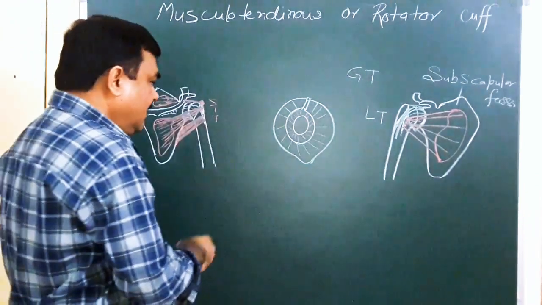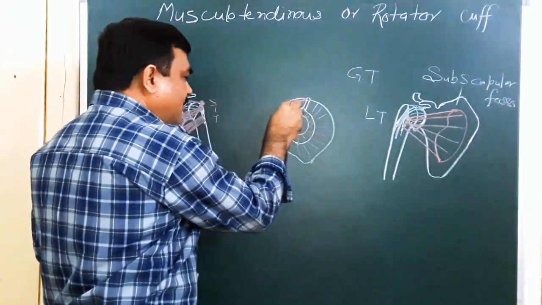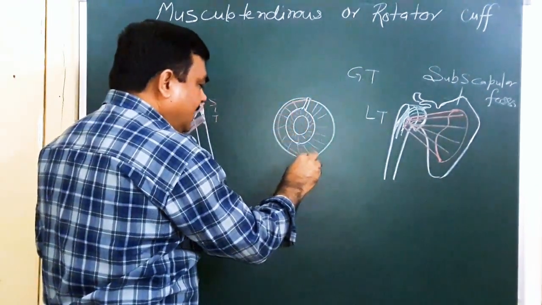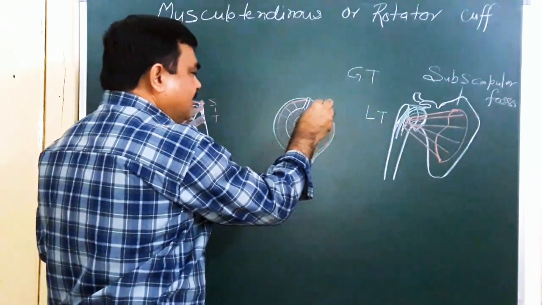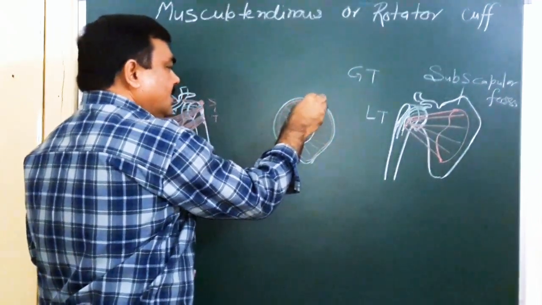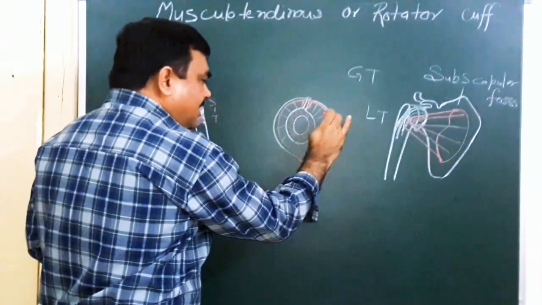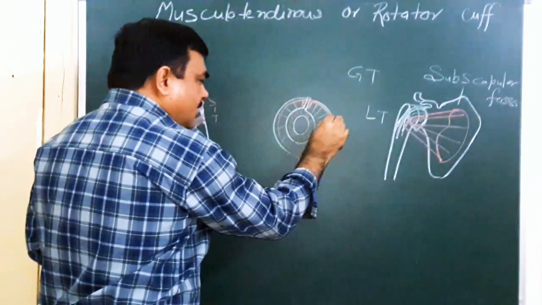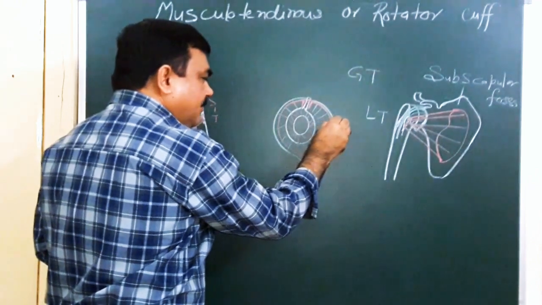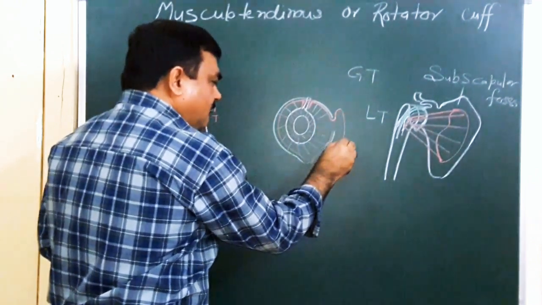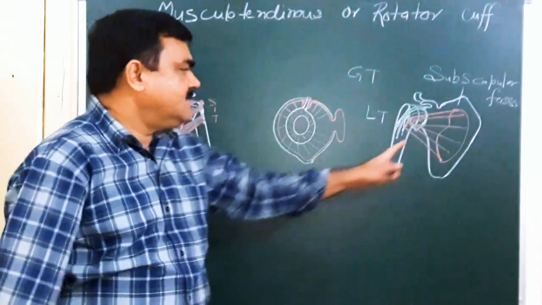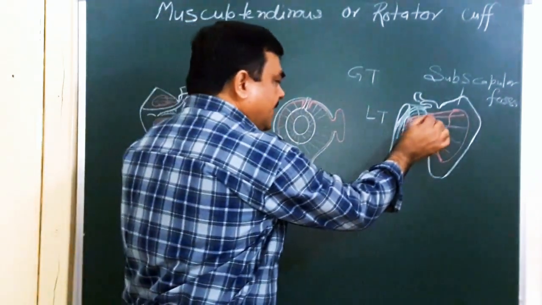This capsule is internally lined by synovial membrane. This is synovial membrane which internally lines this capsule and this muscle, long head of biceps. Anteriorly, there is a gap through which this synovial cavity communicates with a bursa. This bursa is subscapular bursa, present here.